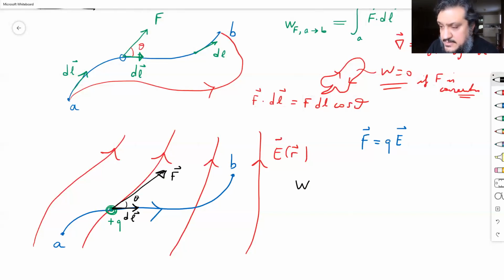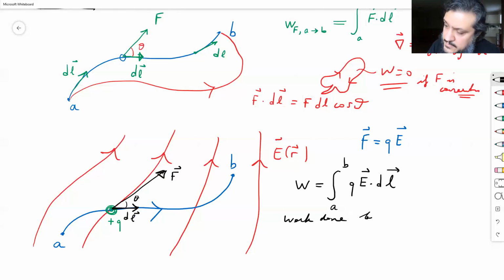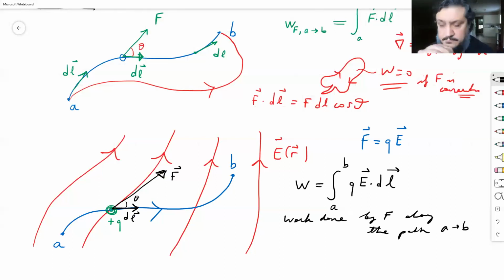So I'm just going to call it W, this integral from A to B. Now I need F dot dl, right? So F is Q E dot dl will be the work done by F along the path from A to B. Okay, so that's just an integral.